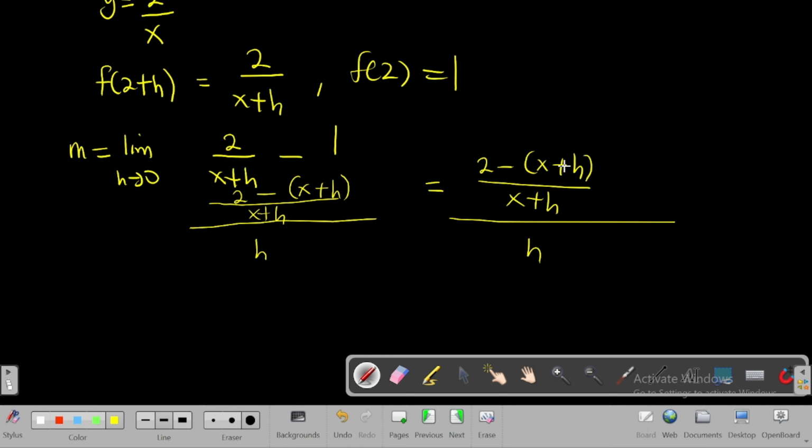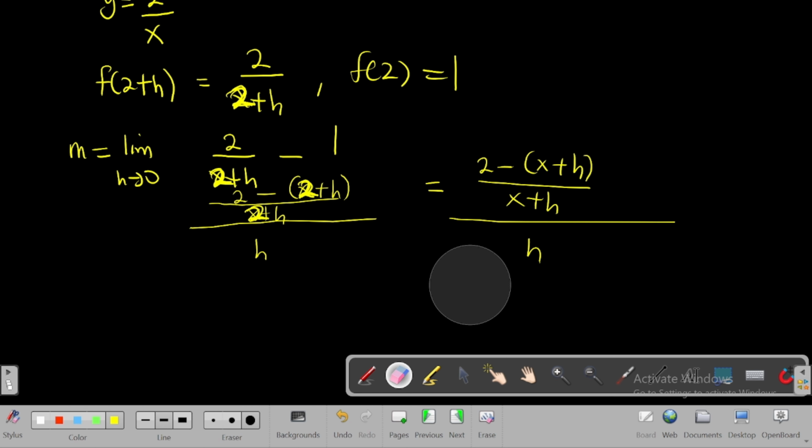But don't forget that the value of our x is 2. Oh, sorry, we made a mistake here. This place is supposed to be 2. You see this x, right? Wherever we see x, we put 2 plus h. So here becomes 2, here becomes 2, here becomes 2, here becomes 2.